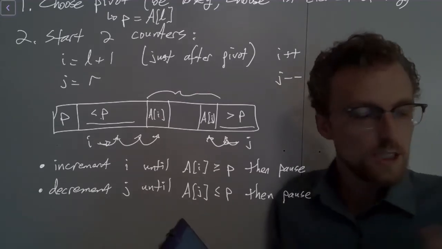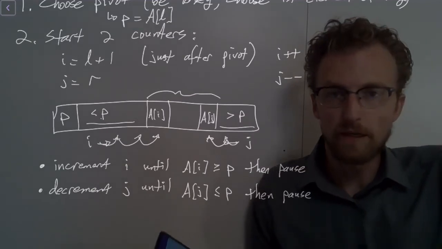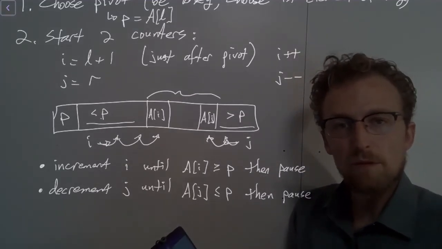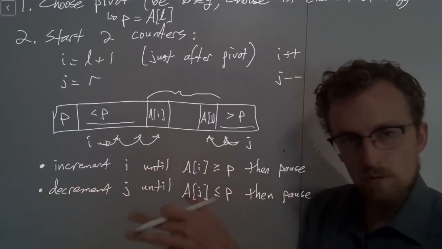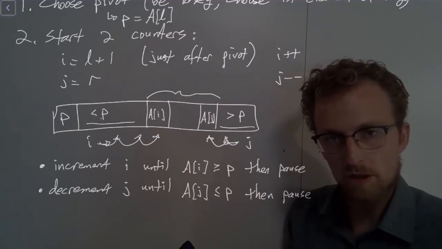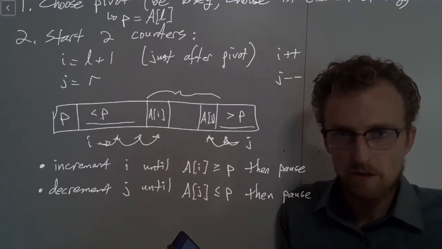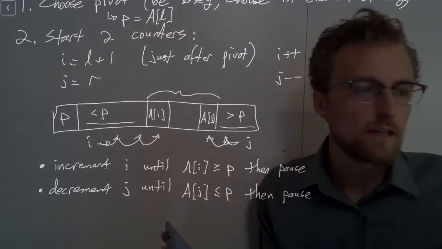Okay, so now let's think about what happens after both counters have paused. We know that all that stuff that's before I is in some sense where it belongs with respect to the partition. Everything that's above j is kind of where it belongs with respect to the partition. And so we just want to figure out what to do next.